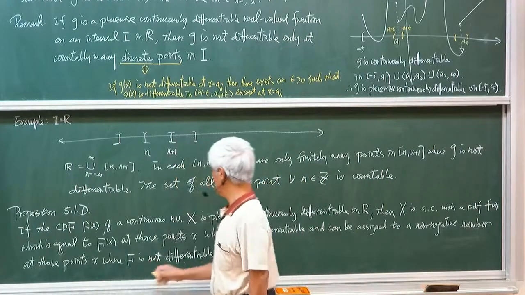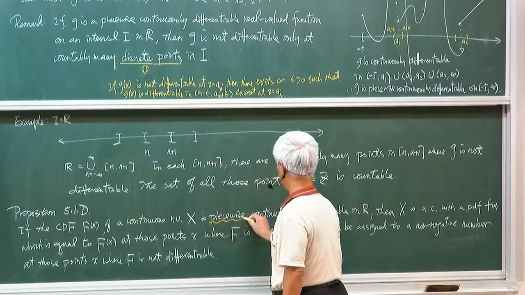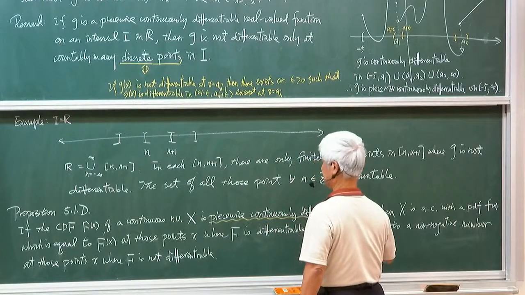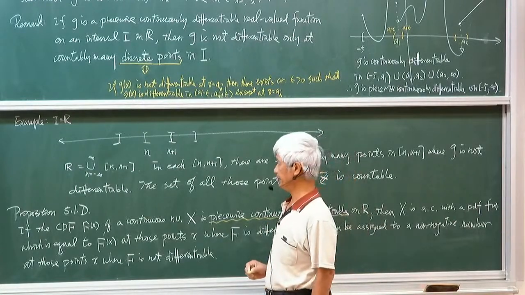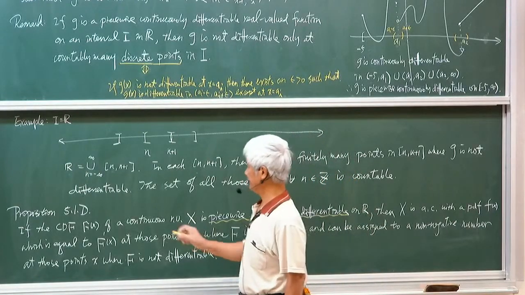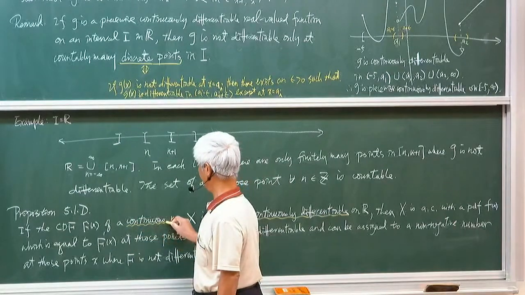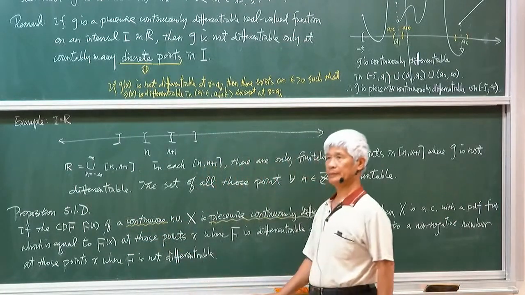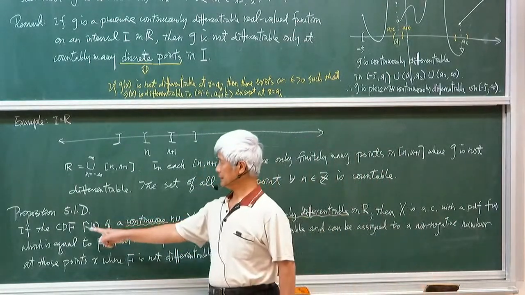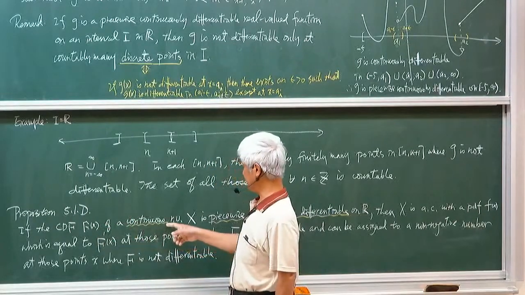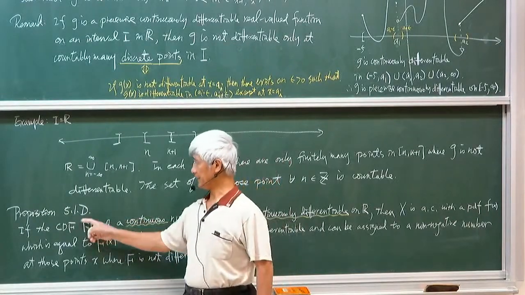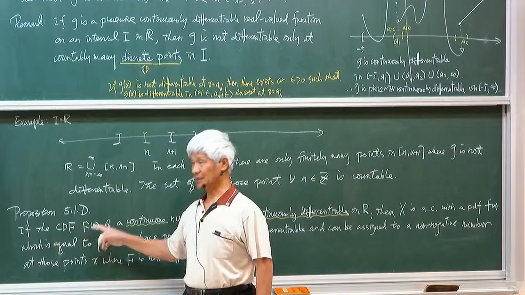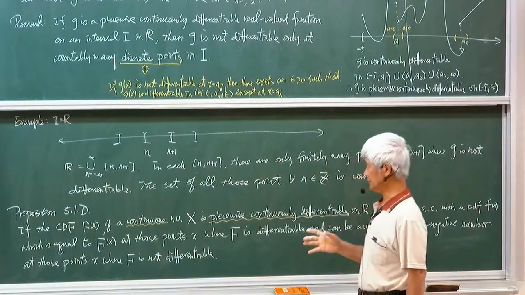Because capital F is the CDF of a continuous random variable, this CDF is a continuous function on R, of course.